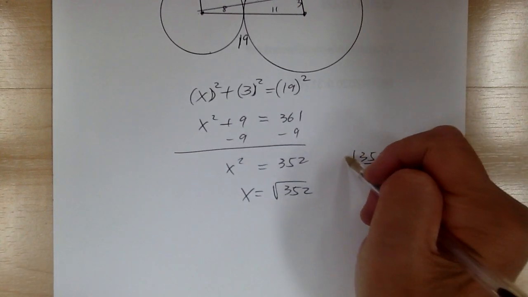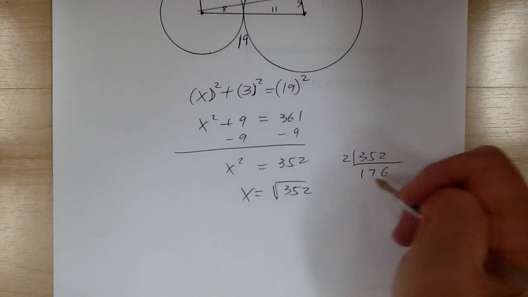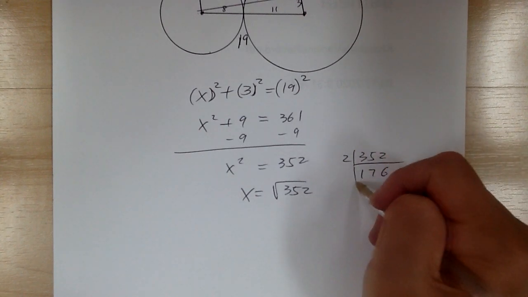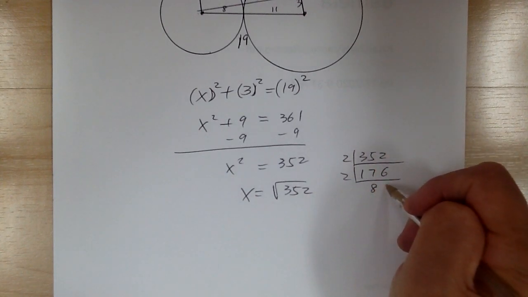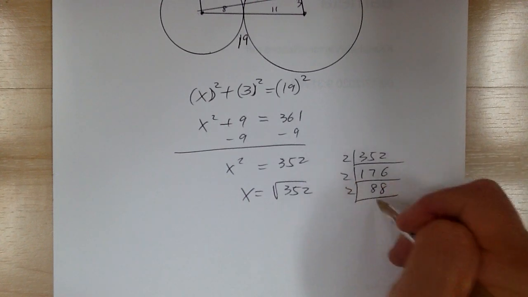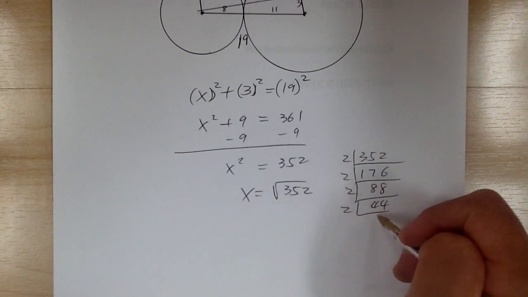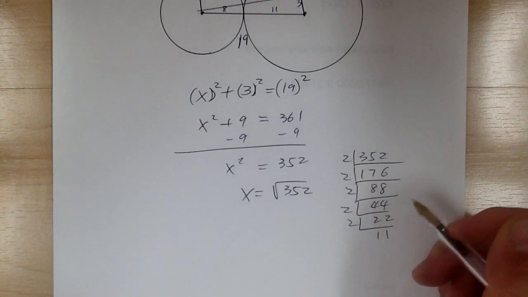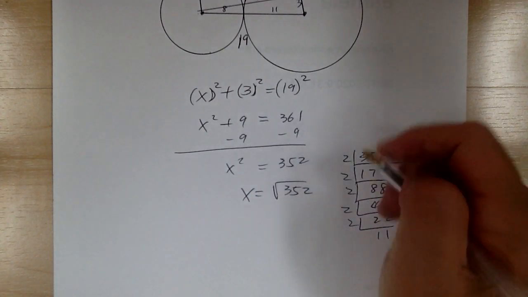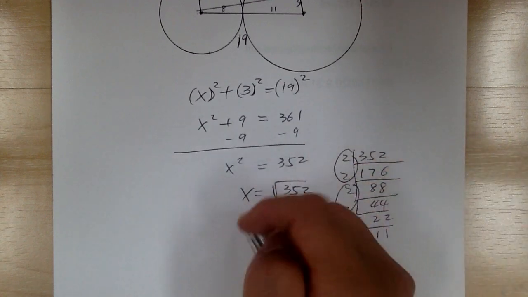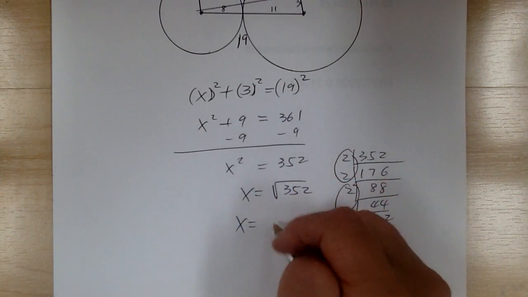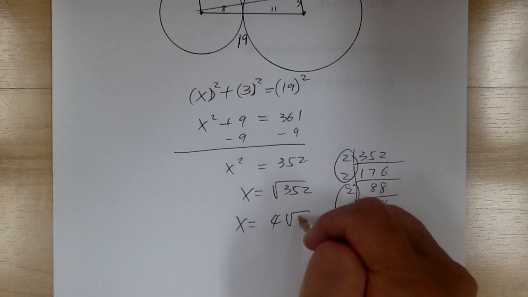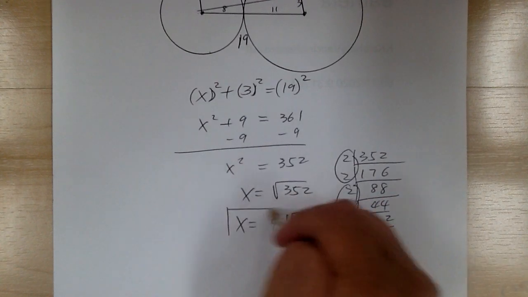This is even, so divide by 2, and divide by 2 again. Divide by 2, you get 44. Divide by 2, you get 22. Divide by 2, you get 11. And that's as far as you can go. So this comes out, this comes out, so x equals 2 times 2, which is 4. The leftover would be the square root of 22. Okay, and that's it.